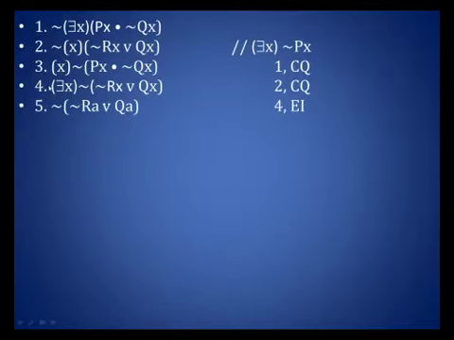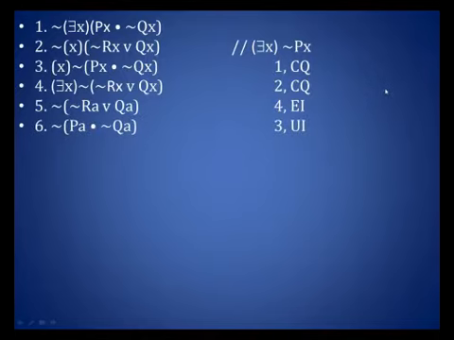I will EI line 4. Now remember, one of the reasons why I'm going to EI first, because I could have UI'd line 3 first if I wanted to, but I'm going to EI first because of my restriction. I have to make sure that whatever constant I'm using is brand new and never been used before. So I can EI line 4. I'll remove my quantifier. I'll replace all my variables with a constant, which I've done.